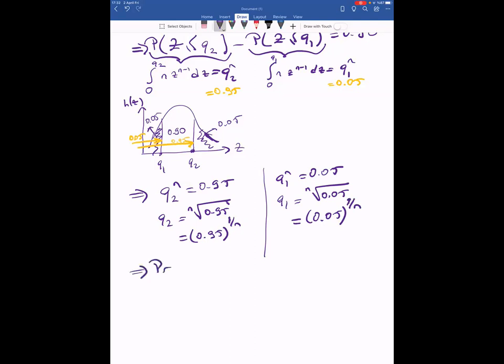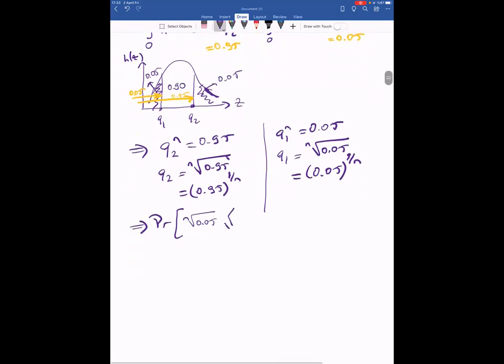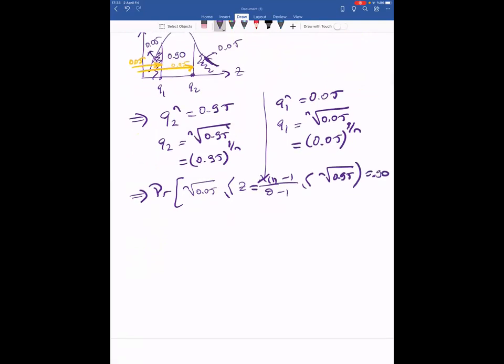Okay, so the probability that Q1 is less than Z is less than Q2 is 0.90. Now our Z equals (x1 − 1)/(θ − 1), with Q1 being 0.05 to the 1 over n and Q2 being 0.95 to the 1 over n. Then try to write θ alone here. After a little math, I will just give you the solution.